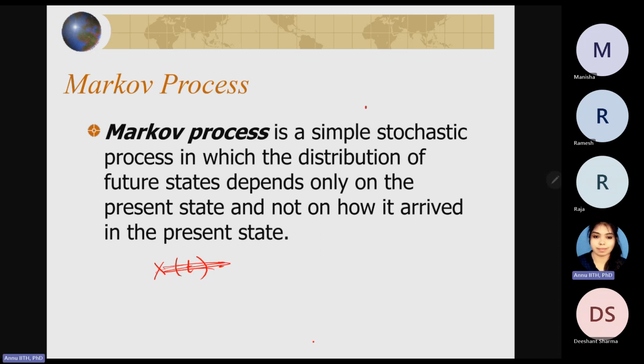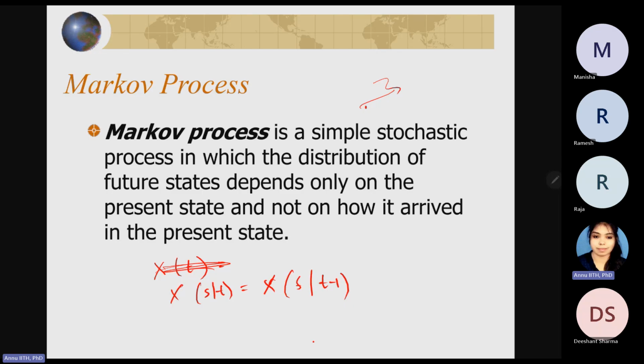It is only dependent on x of t minus 1, not on the subsequent t minus 2, t minus 3, t minus 4, and so on.